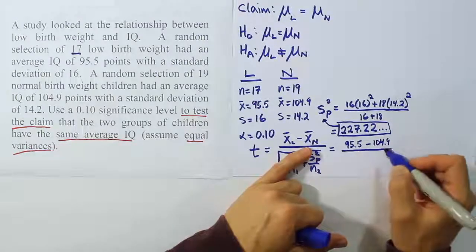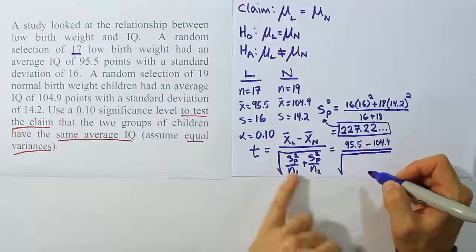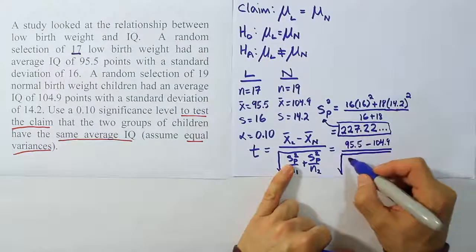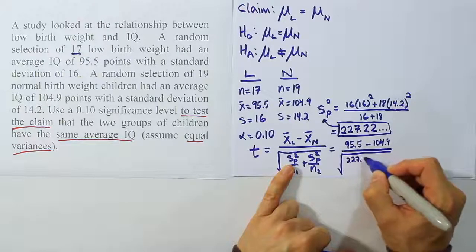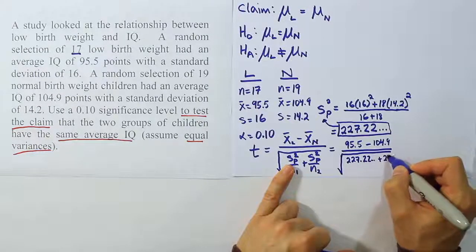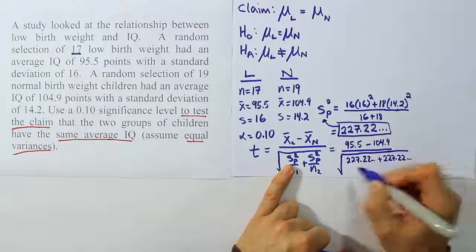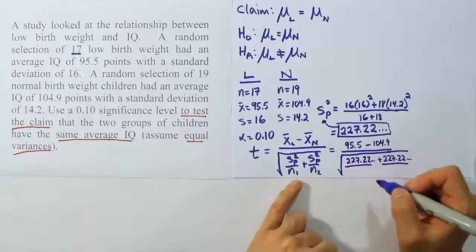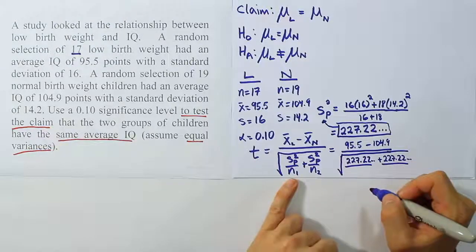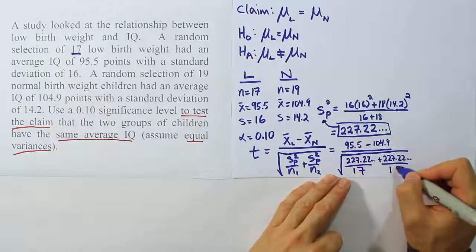And that will all be in the numerator. And then divide that by this quantity, SP squared, which we have here. That's 227.22 ... plus 227.22 ... And both of these are going to be divided by their respective sample sizes. So in this case, it'll be 17, and for the other one, it'll be 19.